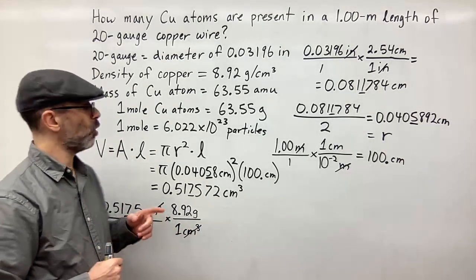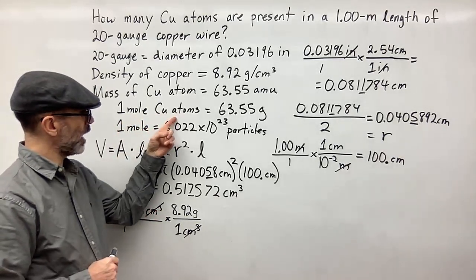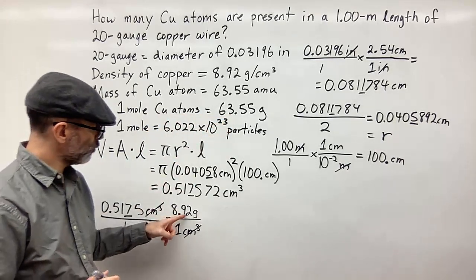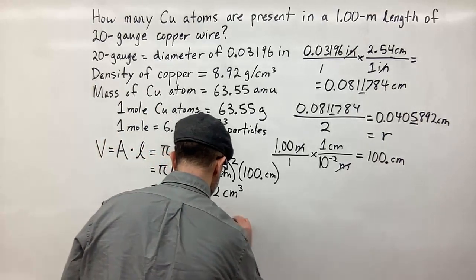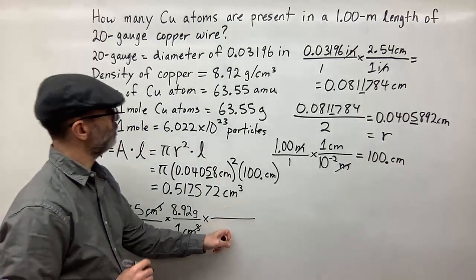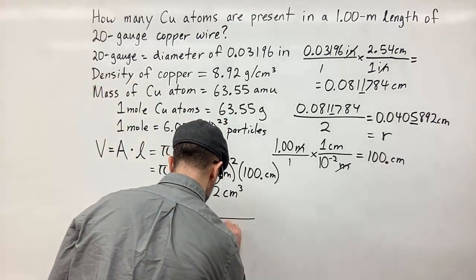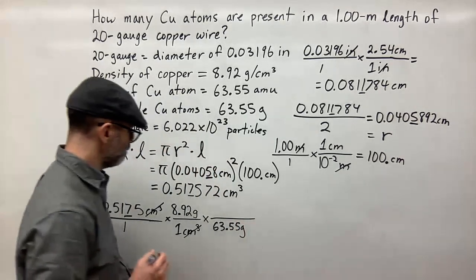I'm going to use the molar mass. 1 mole of copper atoms is equal to 63.55 grams. So since I have grams on top, I'm going to put grams on the bottom of my next conversion factor. So 63.55 grams. Okay.